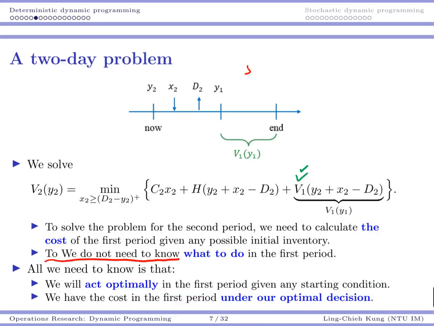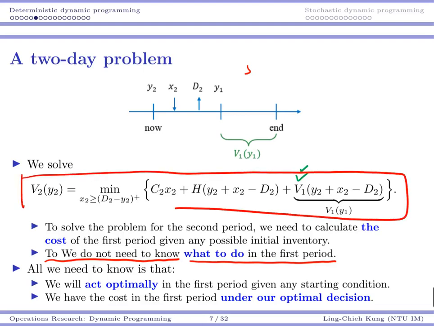Probably the most important concept here is that we do not need to know what to do in the first period. Take a look at this formulation again. In this formulation, we need some information for tomorrow, which is V1. We need to know for some amount I leave for tomorrow, what will be the resulting cost.